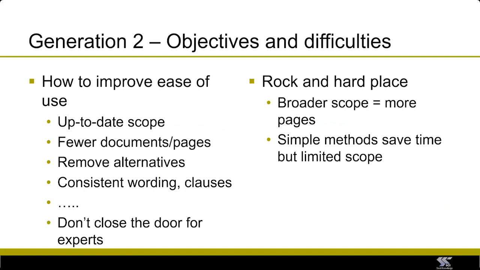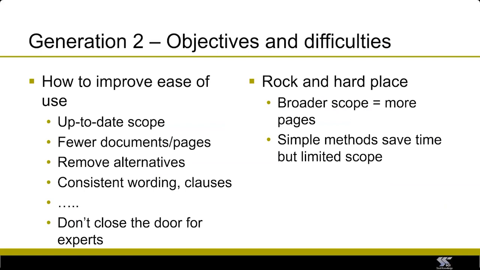The other thing that I've picked up there, which is not particularly to do with improved ease of use, but it's something we talked about and we agreed, it's not particularly evident, but there was an agreement that the Eurocode should not close the door for experts.